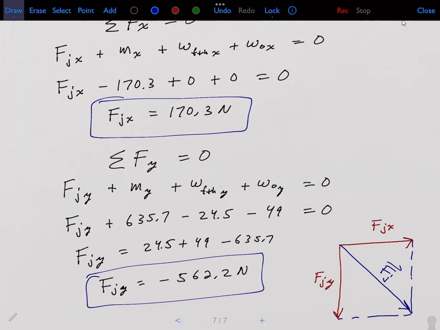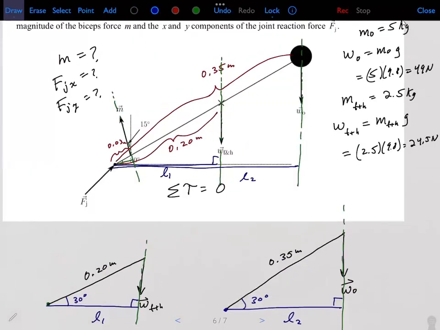So if you go back to that picture here, I drew it as acting where both components are positive, but really it's going in this direction, right? That joint force is really acting something like that. Because the X component is positive, but it turns out the Y component is negative, okay? But we didn't know that to begin with, so we assumed a particular direction, and then when we did the calculations out, we got the correct components, whether they're positive or negative.